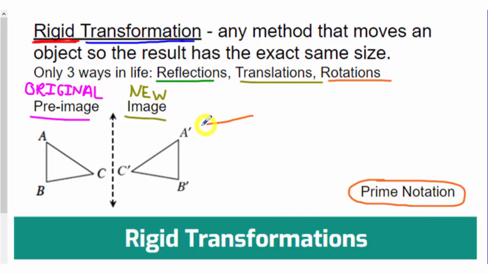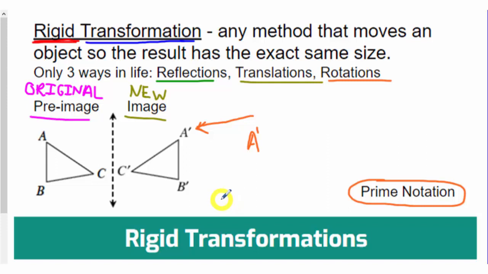The symbol I'm referencing is that little tick mark on the letters. It's kind of like an apostrophe. I know it might look like the number 1, but it's not a number 1, it's just a tick mark. That symbol tells you that that shape is a copy of the original shape. So A prime is the copy of point A, B prime is the copy of point B, and C prime is the copy of point C.